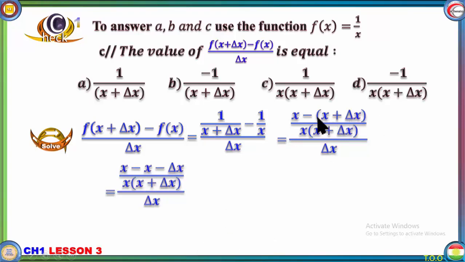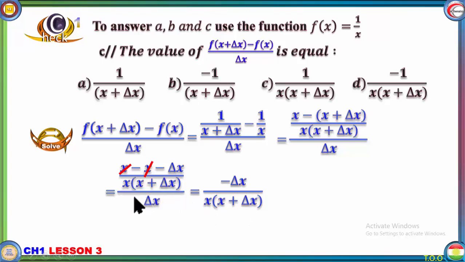Then opening this bracket, minus times plus is minus, minus times plus is minus, then it becomes x minus x minus delta x, over x times x plus delta x, over delta x. Cancelling x with x and writing the numerator here, it becomes minus delta x over x times x plus delta x.